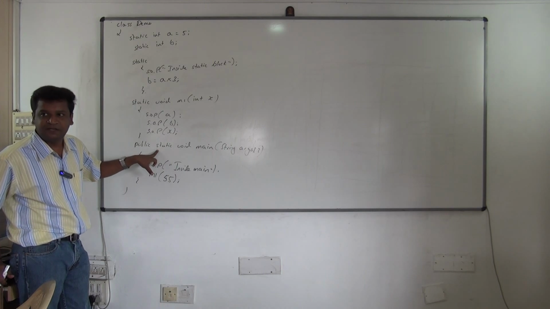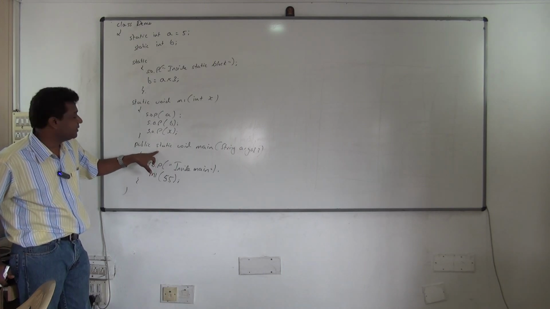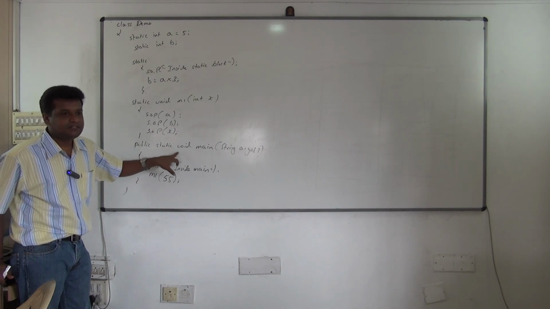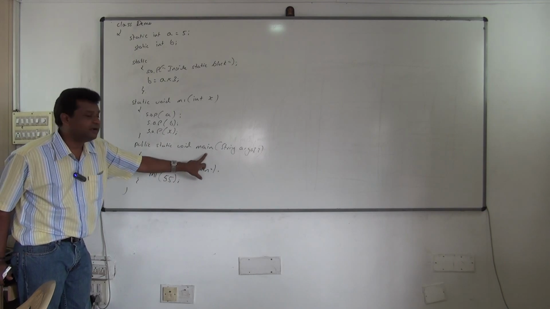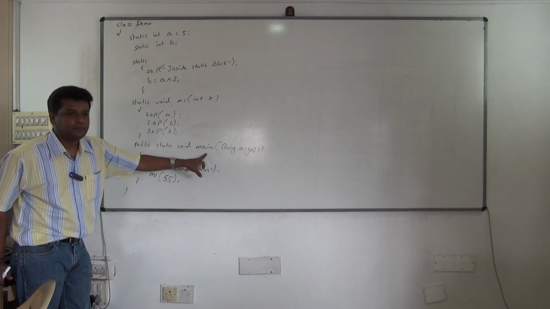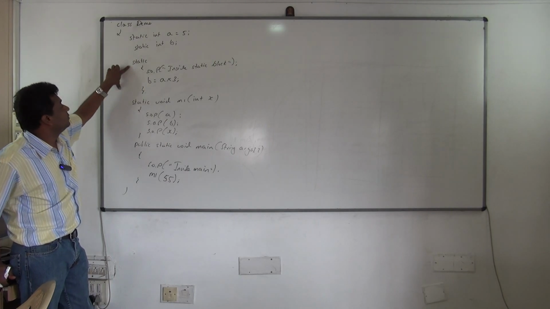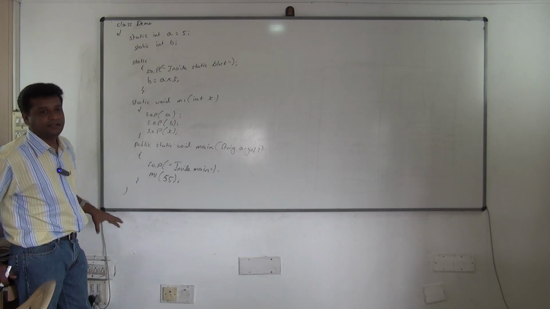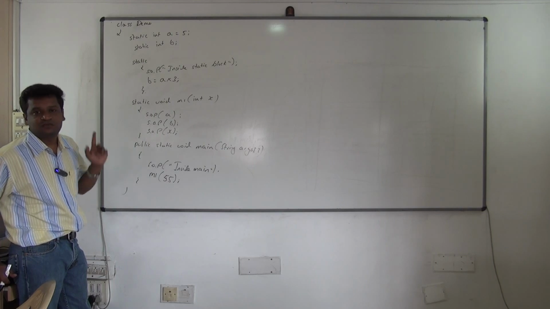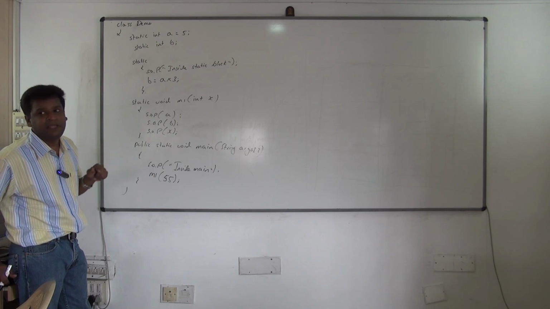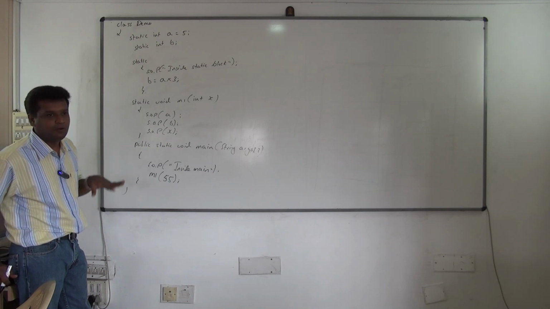We'll discuss why main has been declared as static in a moment. Just wait. This is also a static method, return type void, and it is main. So these are the members. Totally how many members are there? Two variables A and B, two methods M1 and main, and one static block.